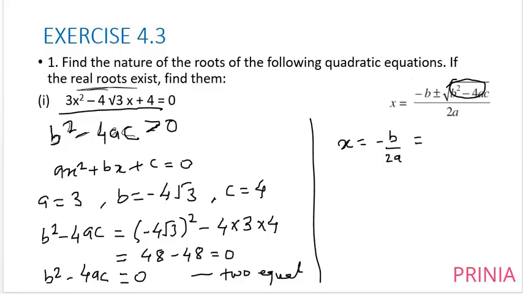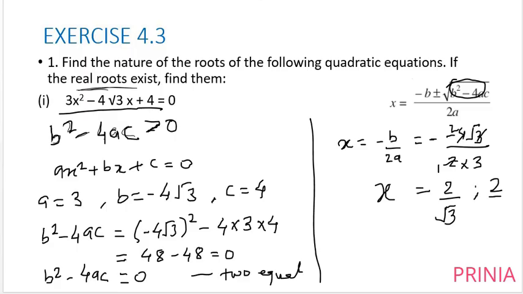We know b is minus 4 root 3, divided by 2 into a, where a is 3. Minus and minus become plus, the 2s cancel, and root 3 cancels, so it becomes 2 root 3 over 3. So x equal to 2 root 3 over 3 and 2 root 3 over 3: two equal real roots are obtained here.